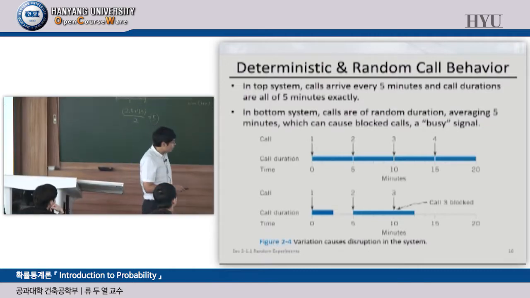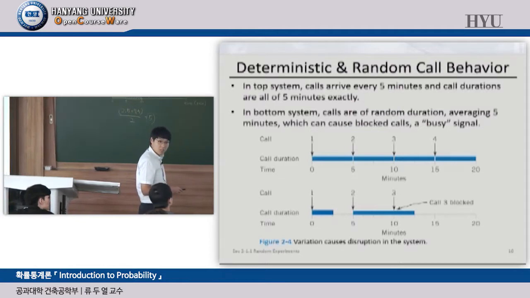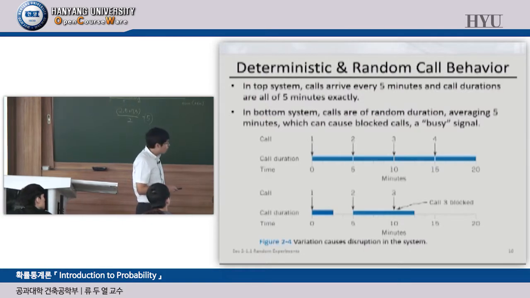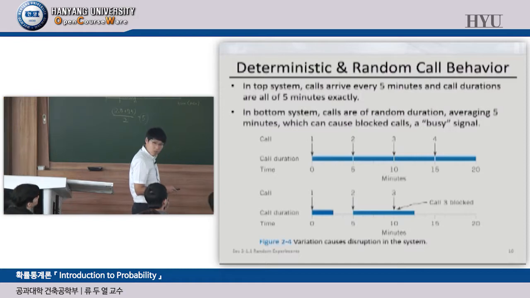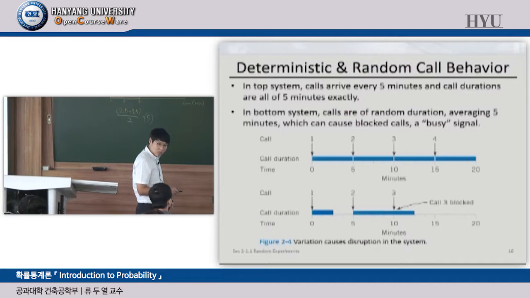But as you can see here, there is no problem for the second call because the first call was already finished. So you can have the second call. But the third call will be blocked by the preceding second call because the duration of the second call exceeds 5 minutes.